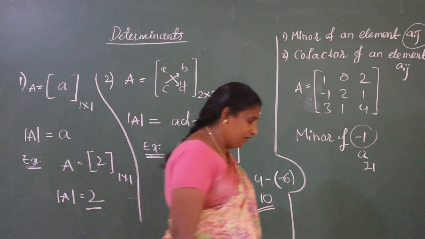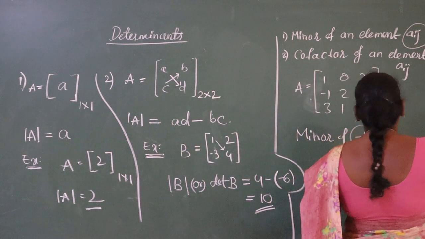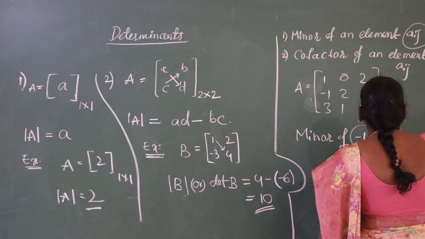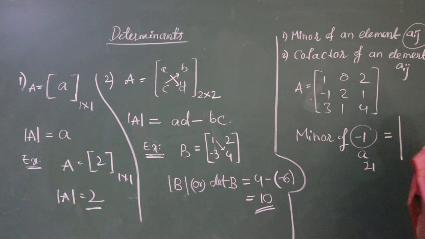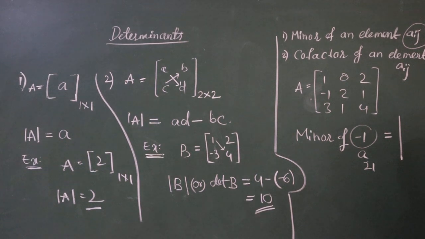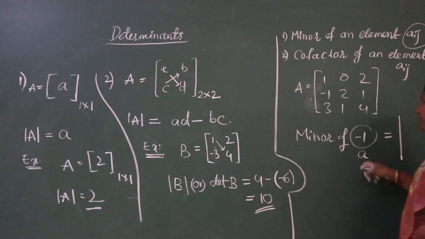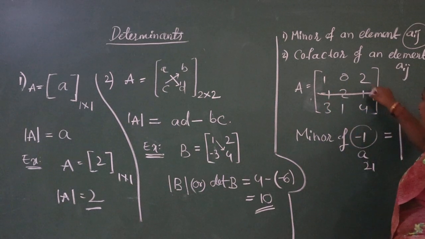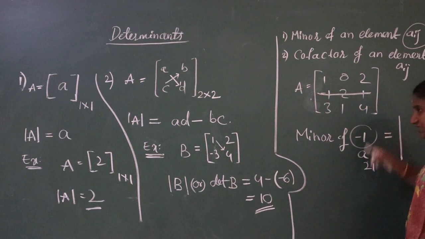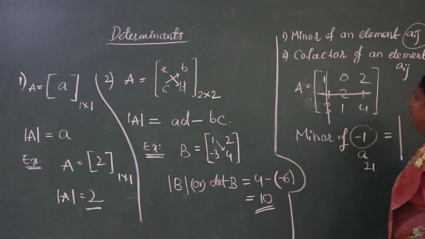If it is in the A21 position, how can I find that minor? Already I told you, minor means it is a determinant. That's why I use a determinant symbol. After deleting the ith row and jth column, here i is 2 and j is 1. 2 means delete the second row, and 1 means delete the first column.